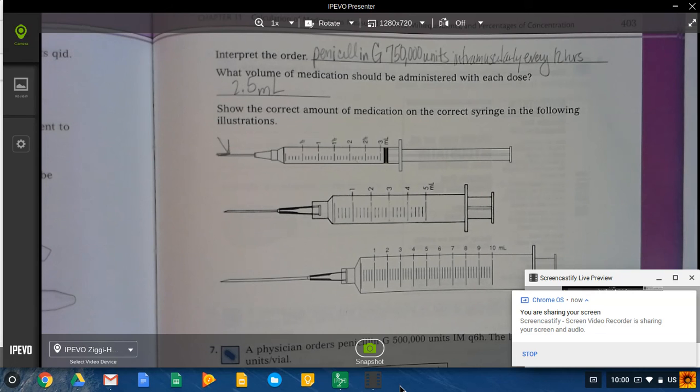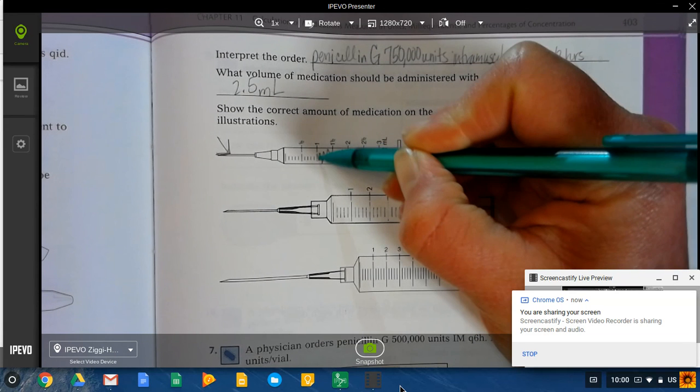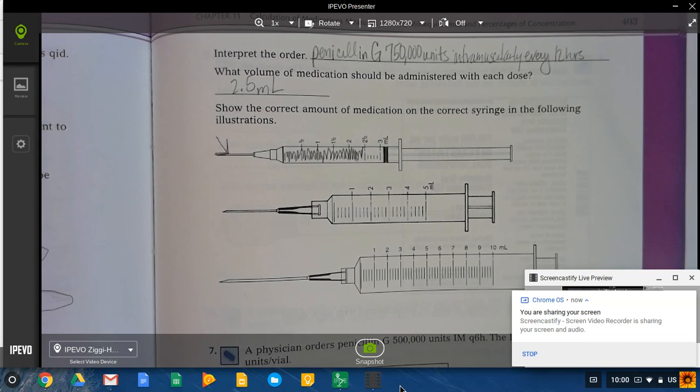You can figure that out, and then just show your math, and it would be this syringe that you would give for the 2.5. You need to make sure you show the math to show me that you understand.